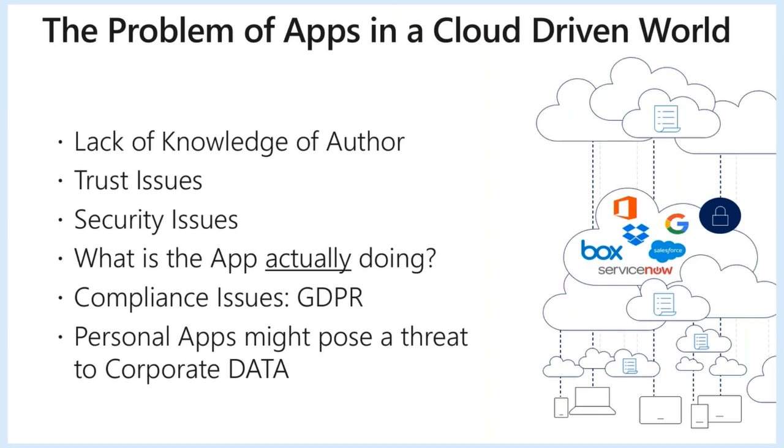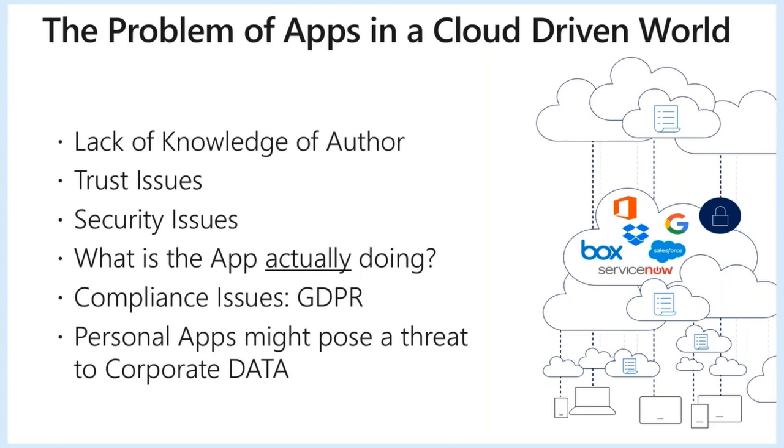Maybe genuinely to do office work, they might be using, let's say, Dropbox or another storage vendor which we are not aware of. And we have no idea who the author is, whether those applications are trusted, and what kind of information they retrieve once you register. So whether they are GDPR compliant. There are so many problems to think about when it comes to cloud apps.